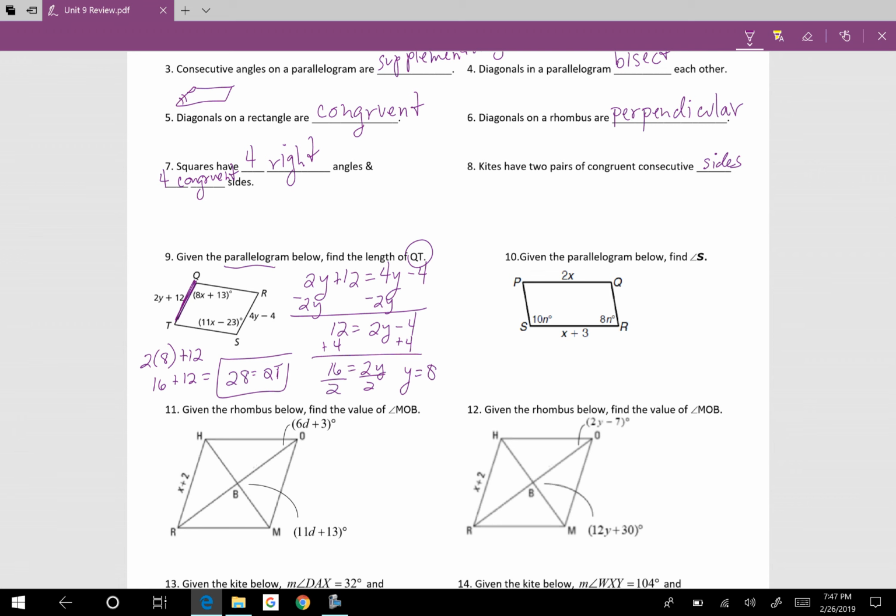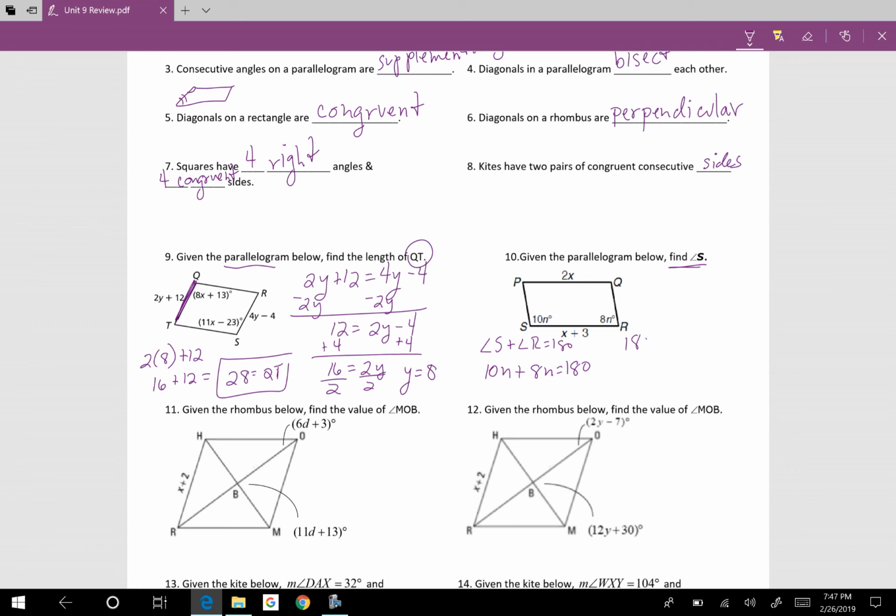Okay, next one. It says, given the parallelogram below, find angle S. All right, so we have angle S right here, that's 10N, and then angle R, that's 8N. They're right next to each other, so angle S plus angle R equal 180. So 10N plus 8N equal 180.